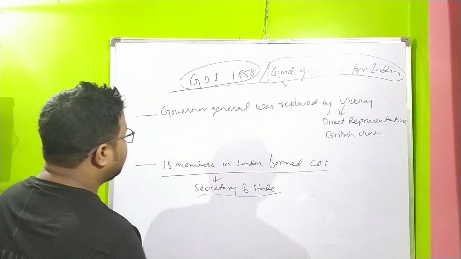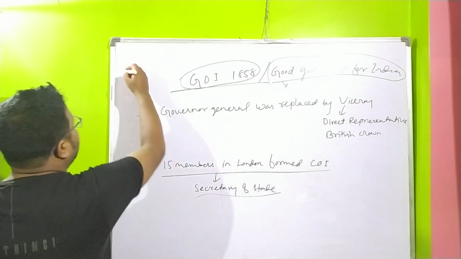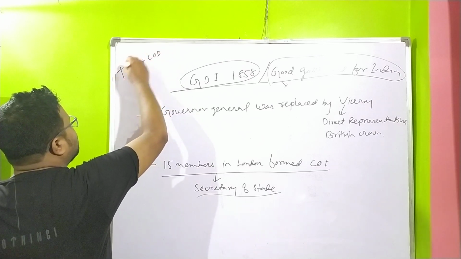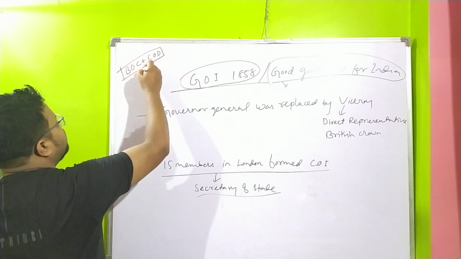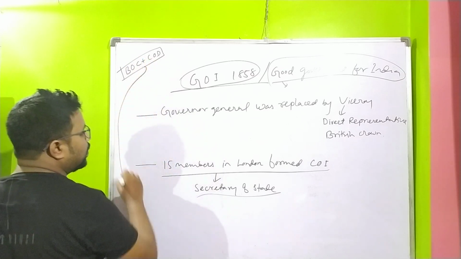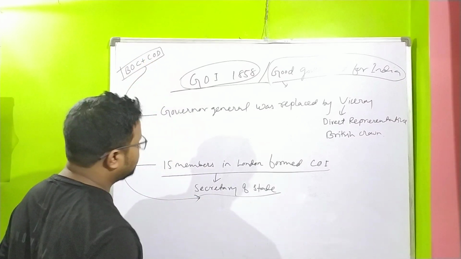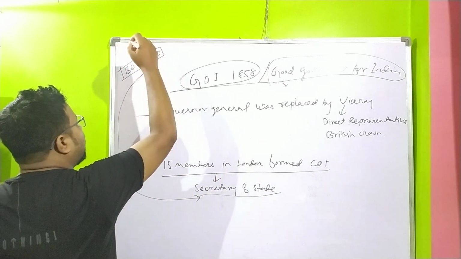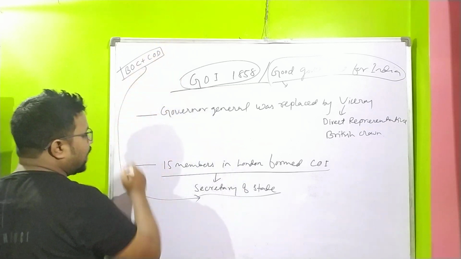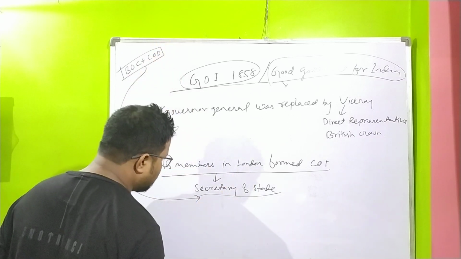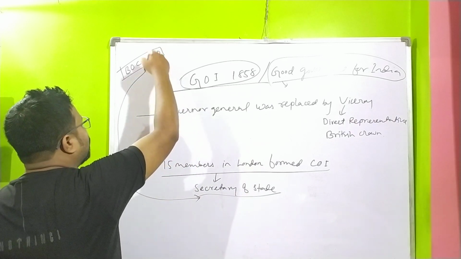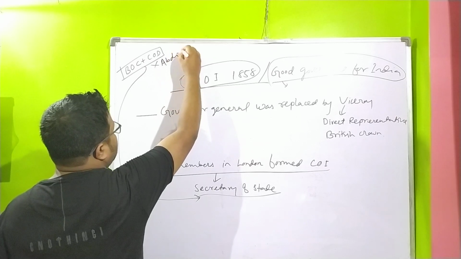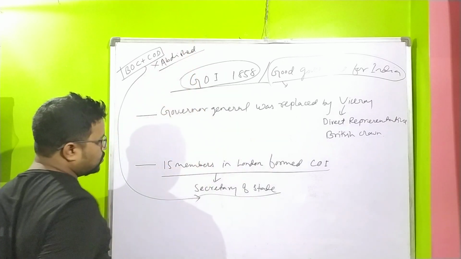Earlier, before 1858, we have seen the Board of Control and the Court of Directors. The power possessed by both of them was taken over by the Secretary of State, and these two, the Board of Control and the Court of Directors, were abolished.